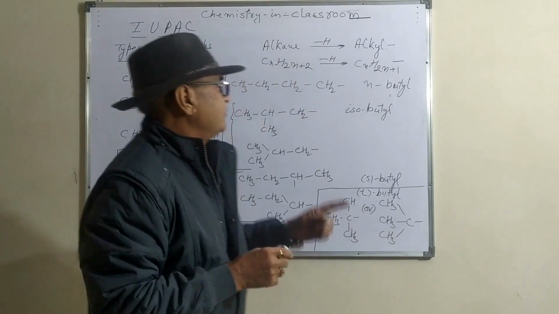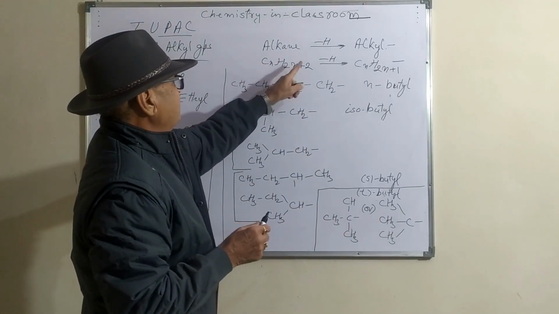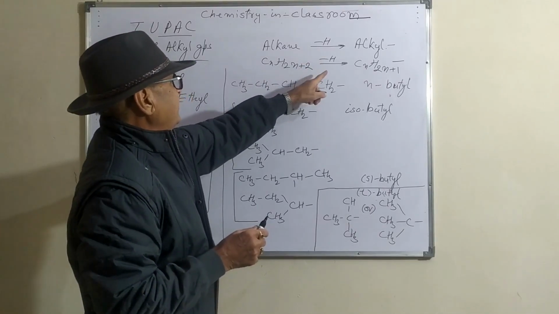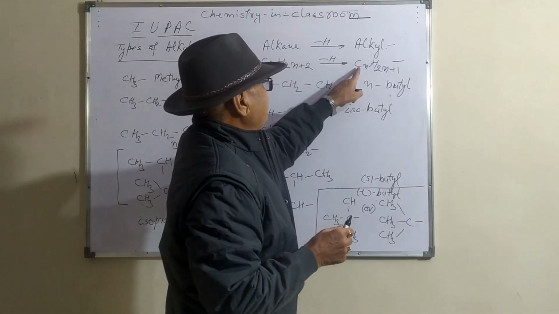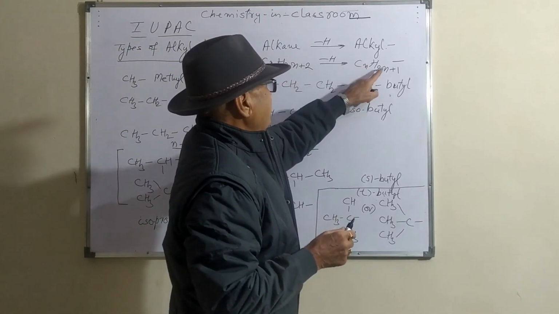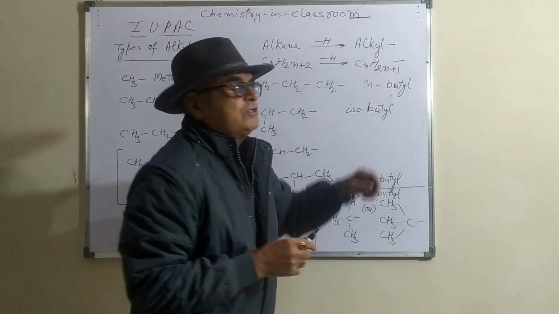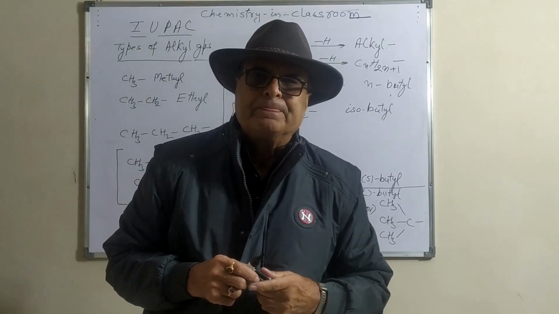As you know, the general formula of the alkane is CnH2n+2. One hydrogen will be replaced, then the rest part of the alkane is CnH2n+1. This is the general formula of alkyl groups.